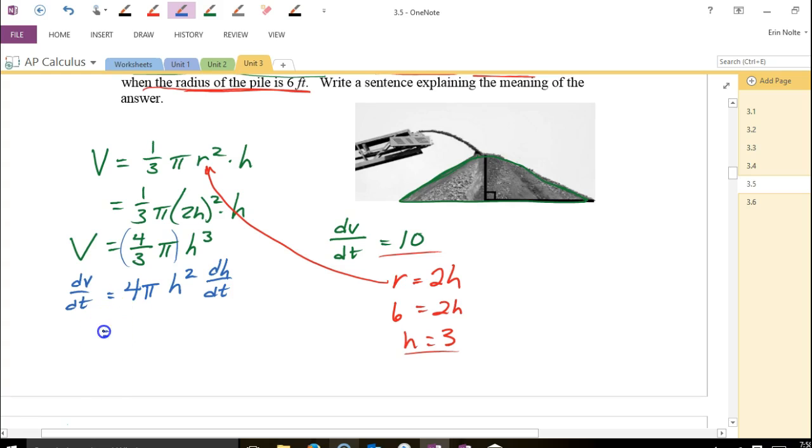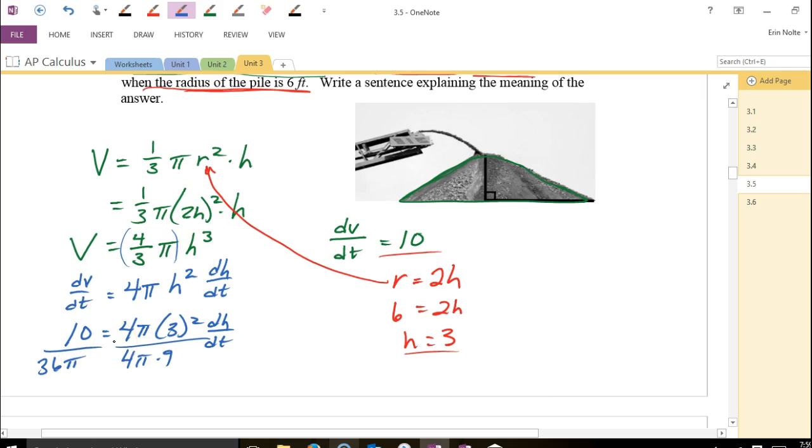So now I'm going to plug in the given information that we found. My h value we said was 3, so I have 3 squared. dh/dt is what we're looking for. dV/dt over here is 10, so we set that equal to 10. Solving that, I'm going to type this into my calculator: divide by this whole 4 pi times 9, or 36 pi.